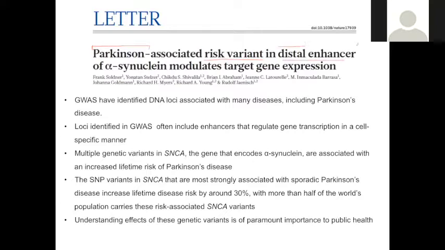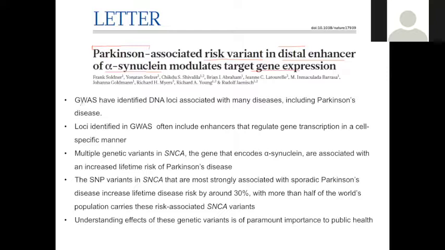Distal means that it is far away from one end of the gene. The gene itself encodes a protein called alpha-synuclein, and you can see that it targets gene expression. So what we're looking at is a variant in an enhancer that controls gene expression of alpha-synuclein, and it's important in understanding some aspect of the phenotype of Parkinson's disease.